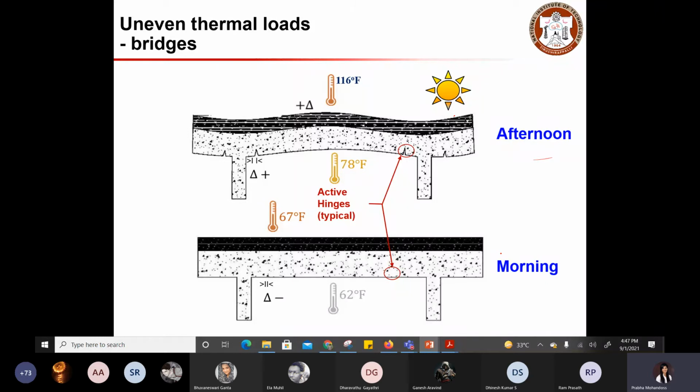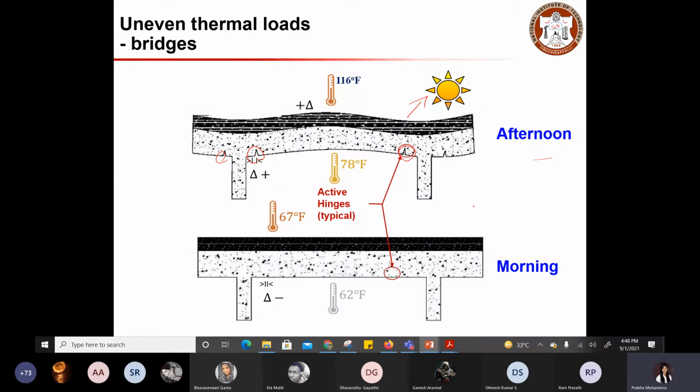Because of that, when the temperature is higher, the region which is exposed to the environment tries to deform like this, tries to shrink, and leads to differential movement. So in some locations you will observe hinge formation like this, which is occurring due to thermal variation.